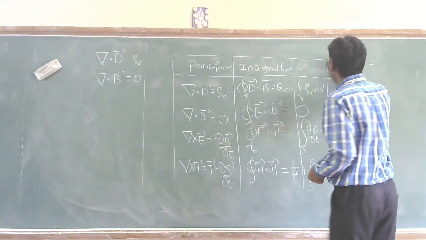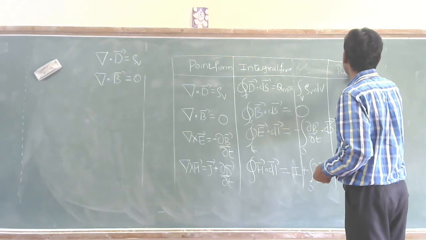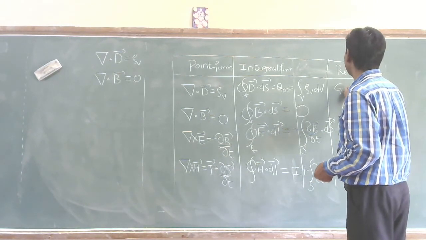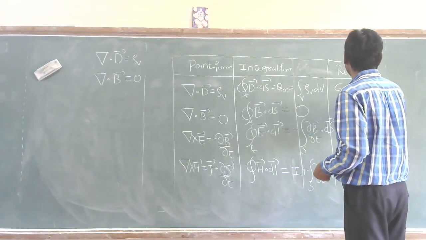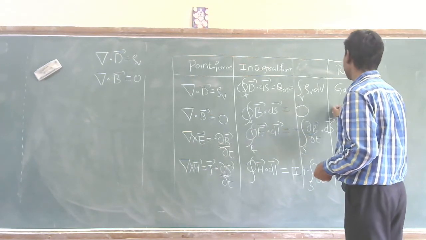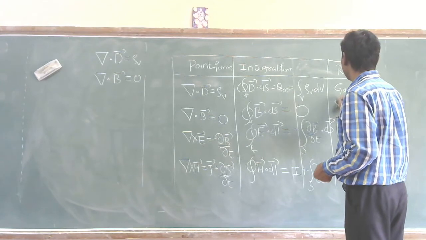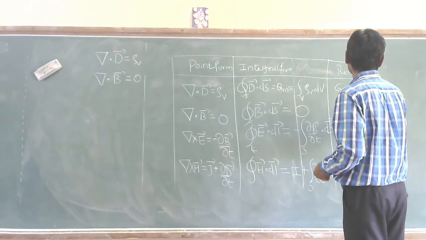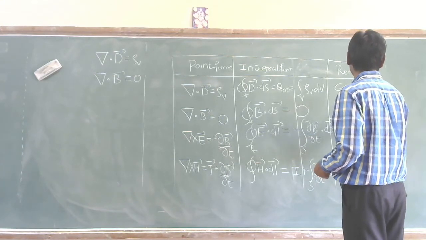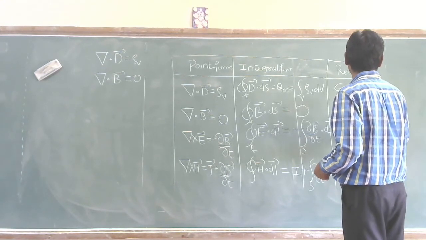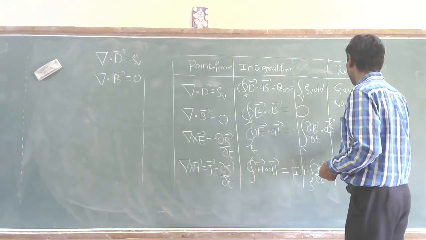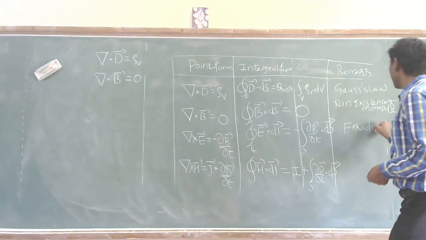Some remarks we should recall: these equations are from what? This is due to Gauss's law. This is the non-existence of monopole. This is because of Faraday's law.